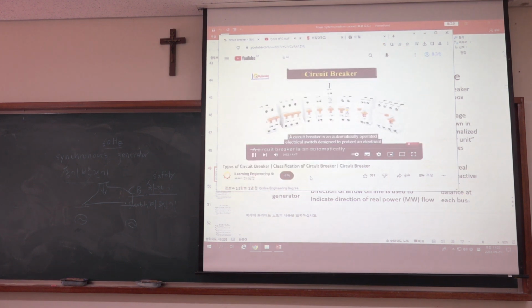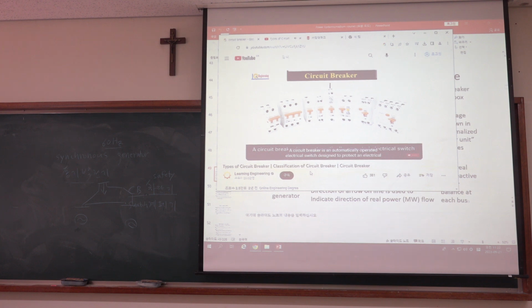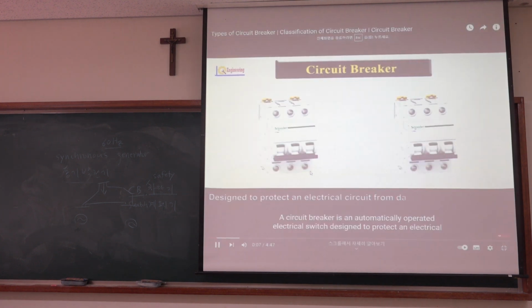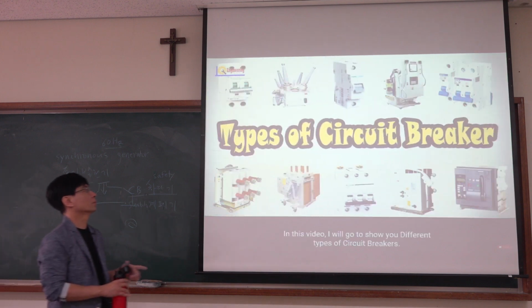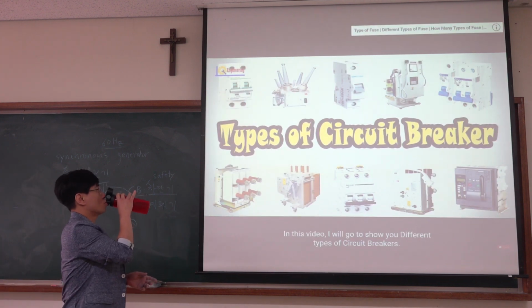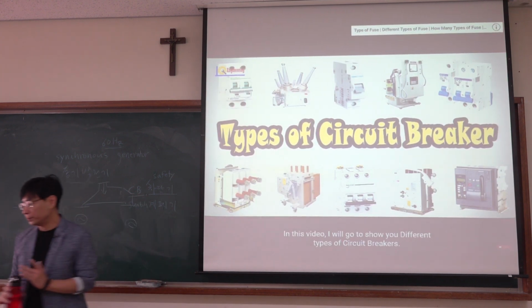A circuit breaker is an automatically operated electrical switch designed to protect an electrical circuit from damage caused by excess current from an overload or short circuit or in no load condition. In this video, I am going to show you different types of circuit breakers.